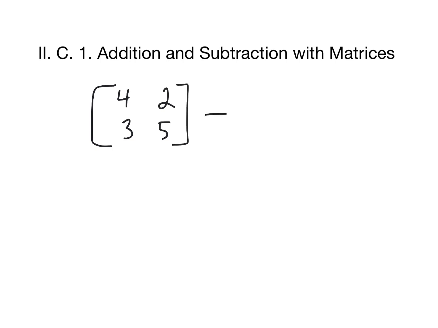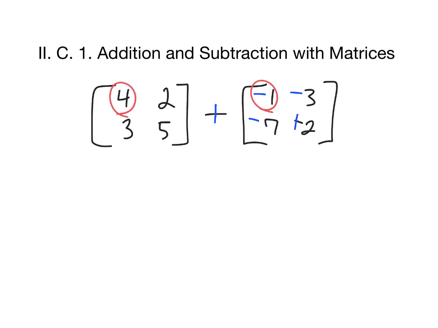So let's say if we were doing a subtraction problem, if you're subtracting, then this is kind of like adding the opposite to all of these. Change all those signs, and then we're just combining things that are in the same positions.